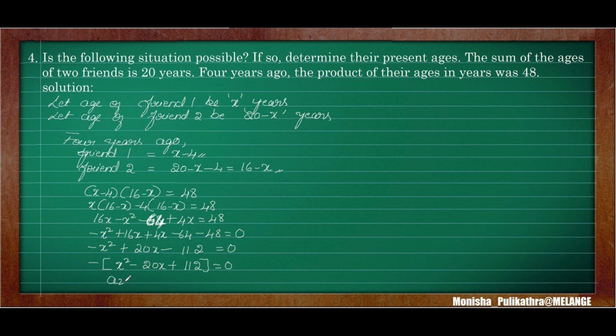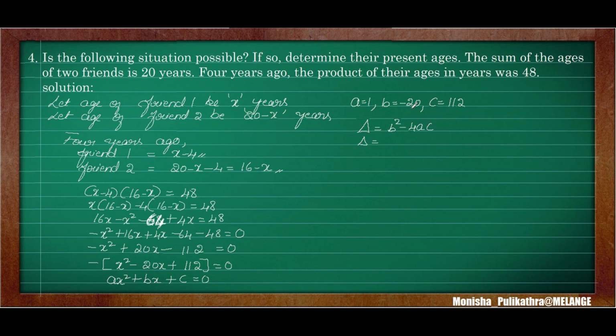So it is in the form of ax square plus bx plus c is equal to 0. Here a is equal to 1, b is equal to minus 20 and c is equal to 112. We need to find the nature of the roots by using the delta formula, that is b square minus 4ac.